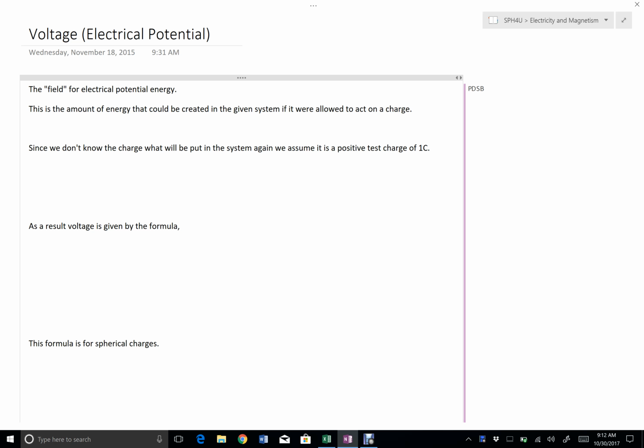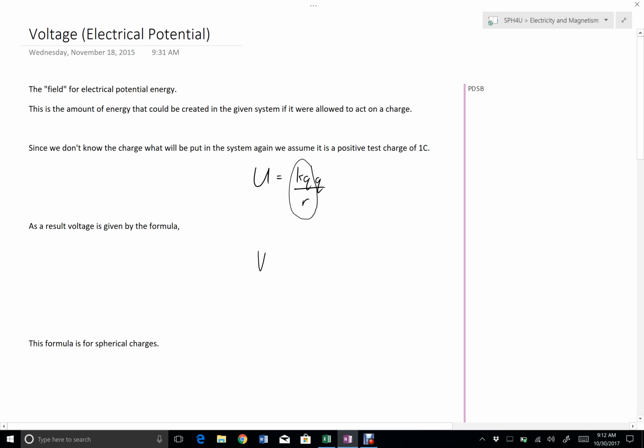That means it's how much energy a spot has the potential to provide without knowing what charge it's acting on. If we recall, electrical potential energy is KQ over R. So if we wanted to find voltage, we're going to say everything about the potential energy is specified except one of the charges.